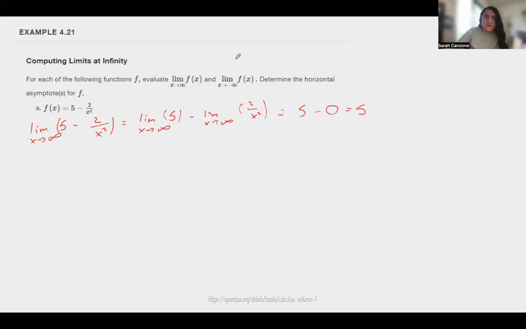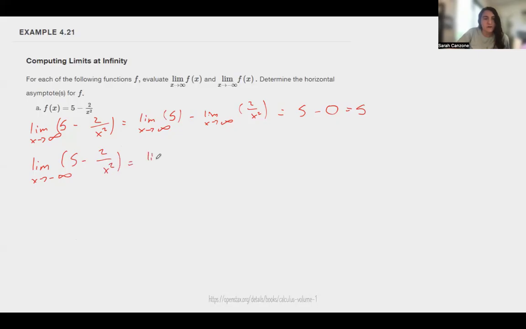Now, we also will have to consider the limit as x approaches negative infinity, since that's part of the question. And we have to consider what might change in the function if we're looking at negative infinity as opposed to positive infinity. So we have the same construction, except that we have it with a negative infinity instead.